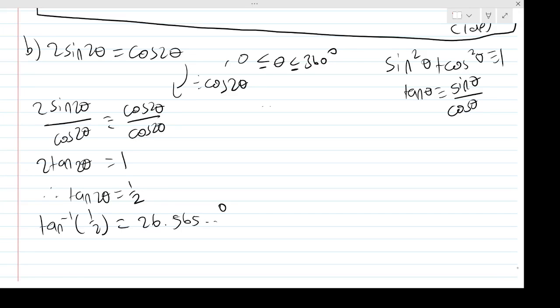Well then that's our first solution, but not for theta, for 2 theta, because that's our angle, right? So if we were to inverse tan, we would get 2 theta is 26.565. So then to get the other solutions, it might help to draw the tan graph, right?